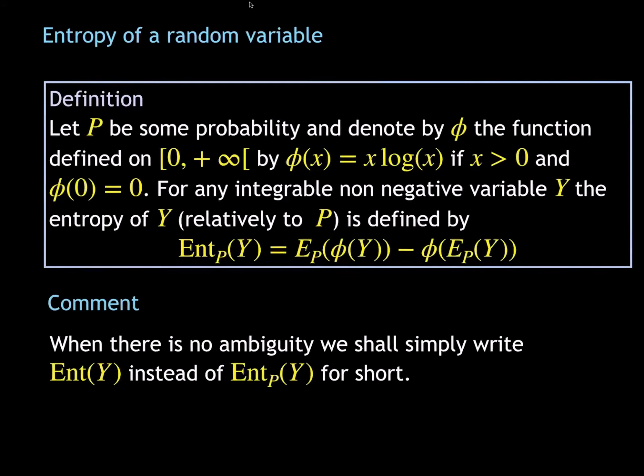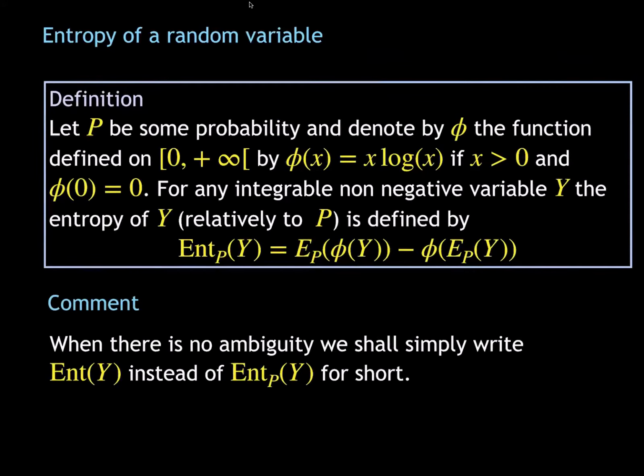So now the heart of the matter is that for this notion of entropy, we are able to prove a duality formula which will play the same role as the duality formula that we have seen before for the variance.